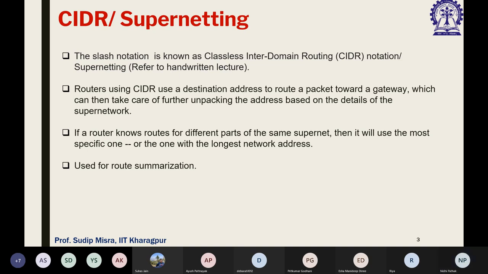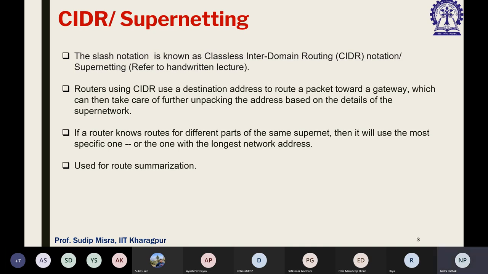So you might be given a question where you are given a couple of different networks with their corresponding CIDR addresses, like the example that I was telling you: 200.1.0.0/24, 200.1.1.0/24, 200.1.2.0/24, 200.1.3.0/24.